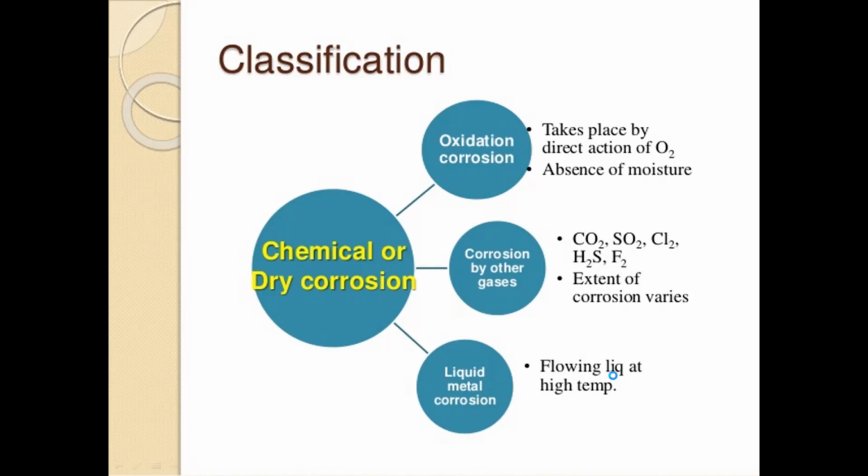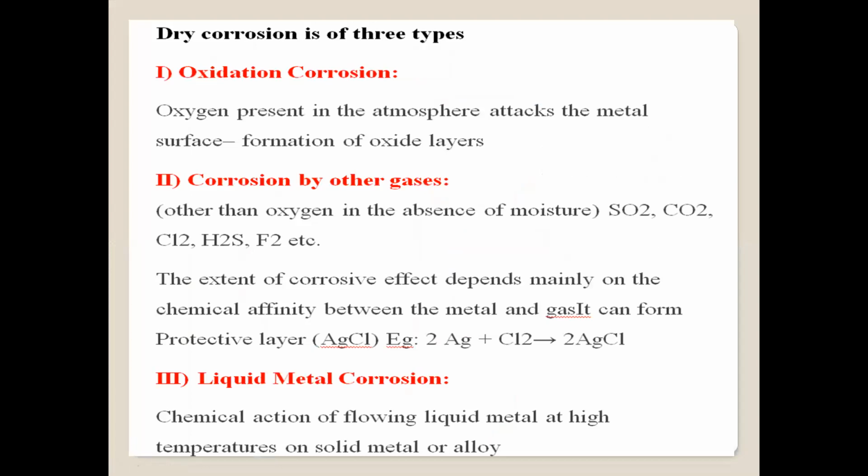If the liquid is flowing and the temperature is high, the metal gets corroded, and this type of corrosion is called liquid metal corrosion. It is the chemical action of flowing liquid metal at high temperature on solid metal or alloy.